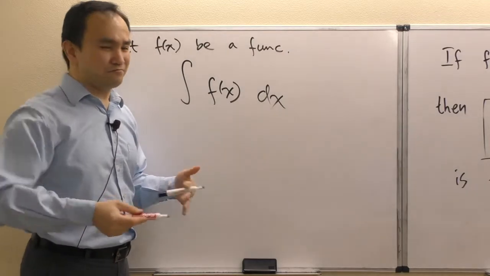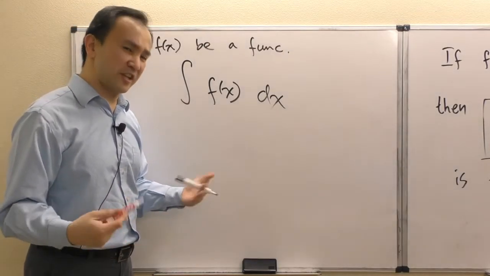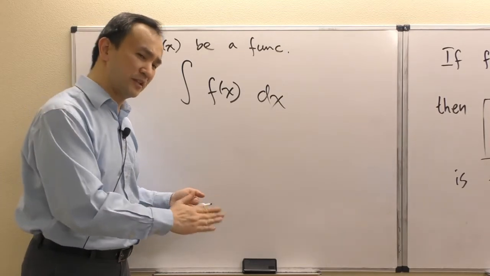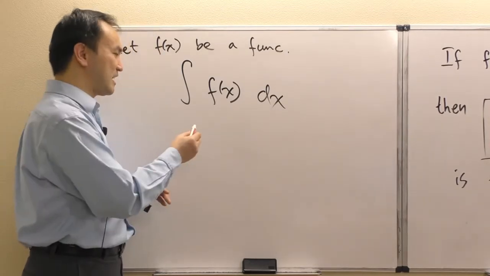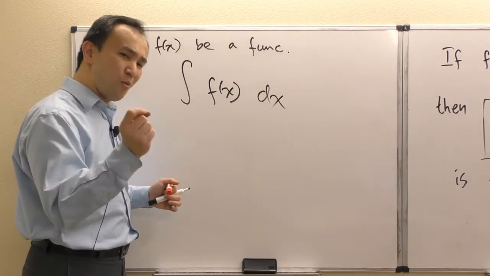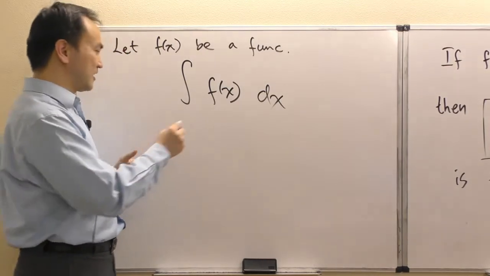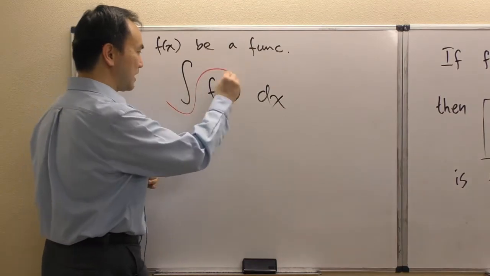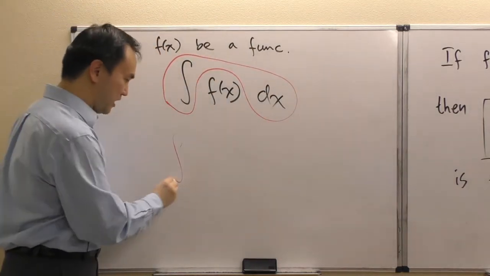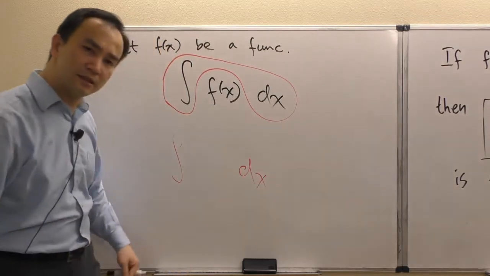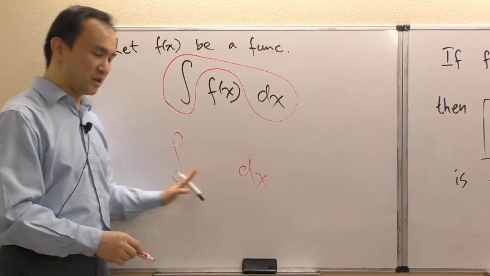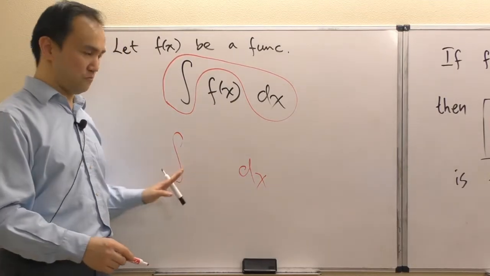If you start mixing it with past experience, maybe you have done some calculus before and heard that name somewhere, I can't stop you from calling it that, but I want to set you into the right understanding. I highly recommend you treat the whole package. You see how I circled in red? The symbol comes with the dx. I want you to treat that whole thing as one symbol.